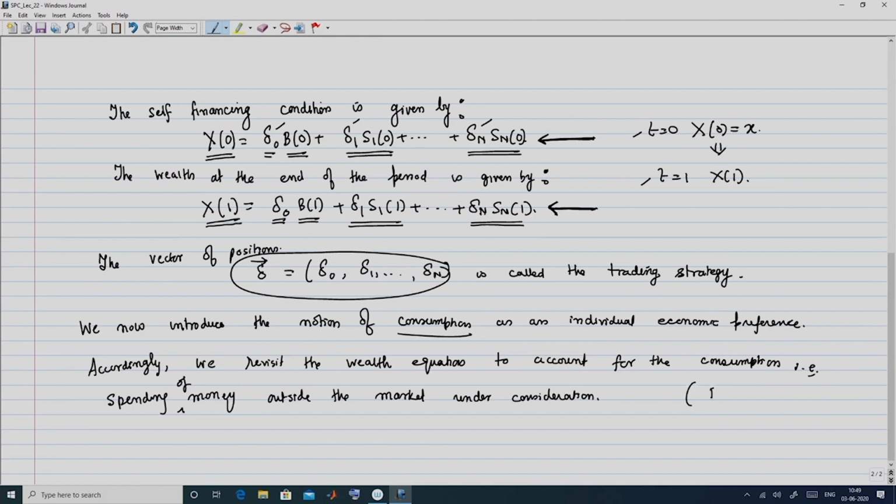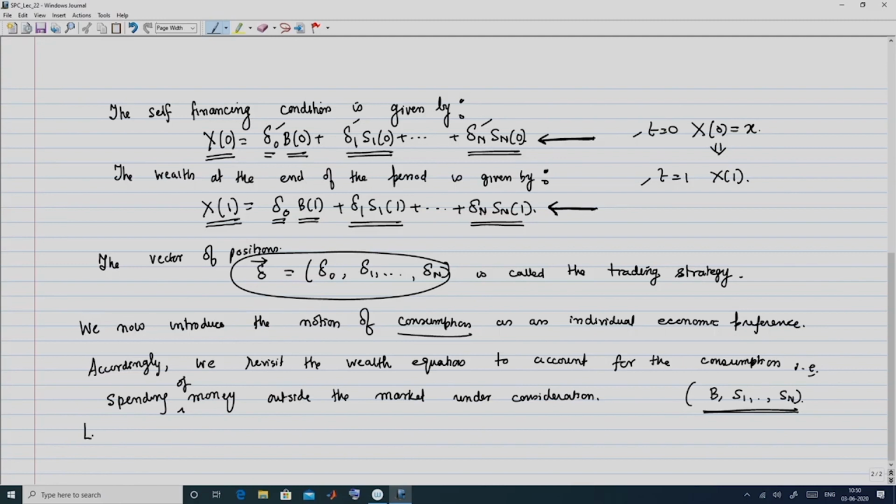The market under consideration was the bond and S1 all the way to Sn, and if you are in the market under consideration, that means that your investment will be in the bond or S1 or S2 all the way to Sn or a combination of that. So, consumption is basically spending money not on any of these securities, that is the bond and a number of stocks, but spending the money somewhere outside the market for the purpose of your individual consumption.